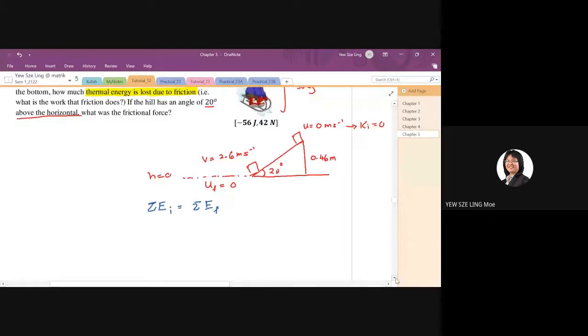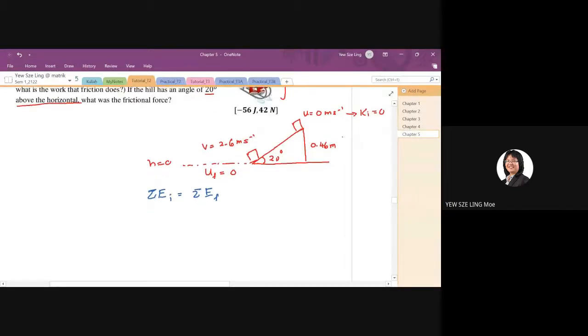According to the question, what do we have? We have kinetic energy and we also have gravitational potential energy.